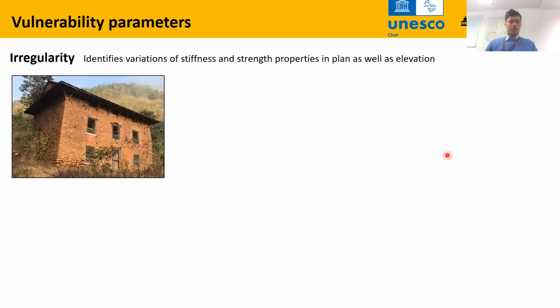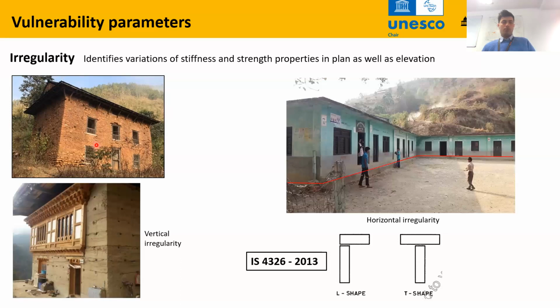In terms of irregularity, this picture shows a regular structure, but we might have horizontal or vertical irregularities. Here, for example, the masonry wall ends up here, and there is a replacement by timber. So we have a difference in stiffness in the vertical direction, and this is vertical irregularity.